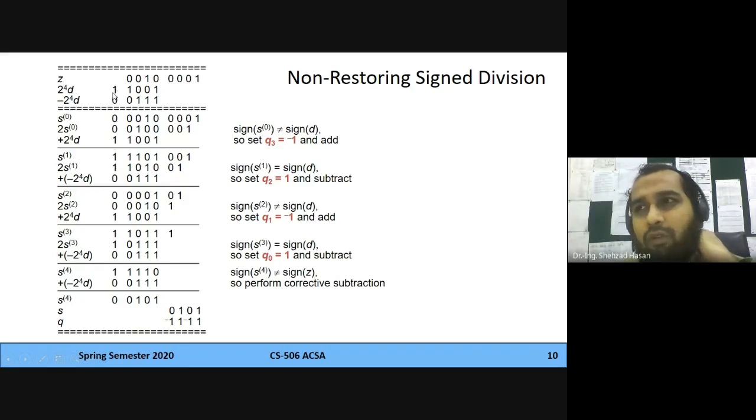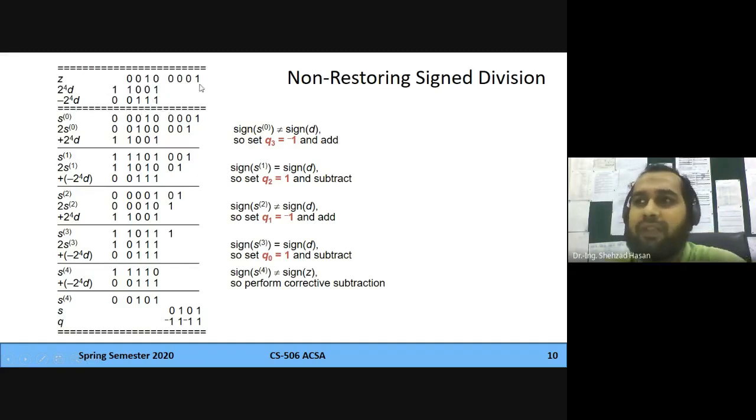If you don't add this, you can still get your answer, but in subsequent steps you might find it difficult to maintain the sign, and sometimes your answer gets incorrect. So it's better to add one more bit, and your adder should be of 5 bits, which makes everything very easy to handle.